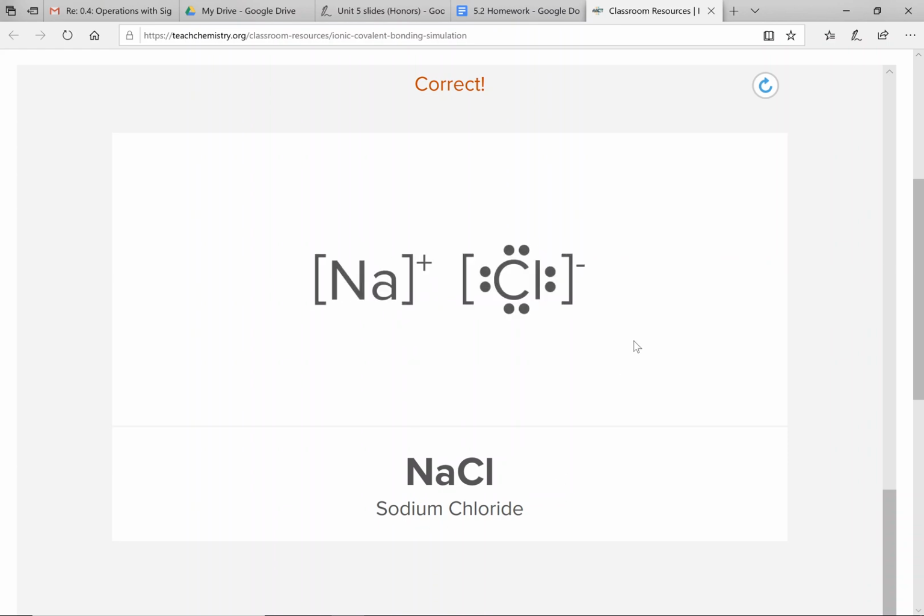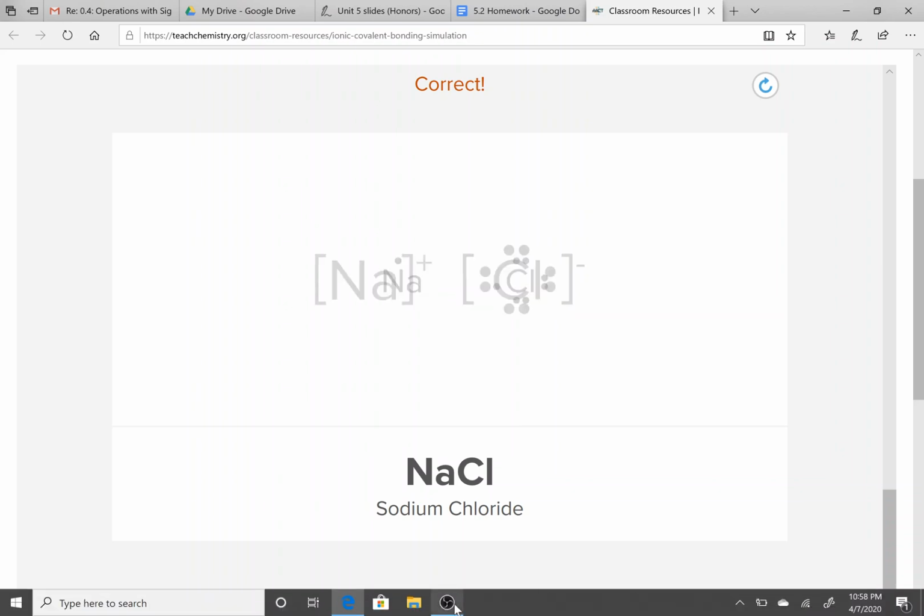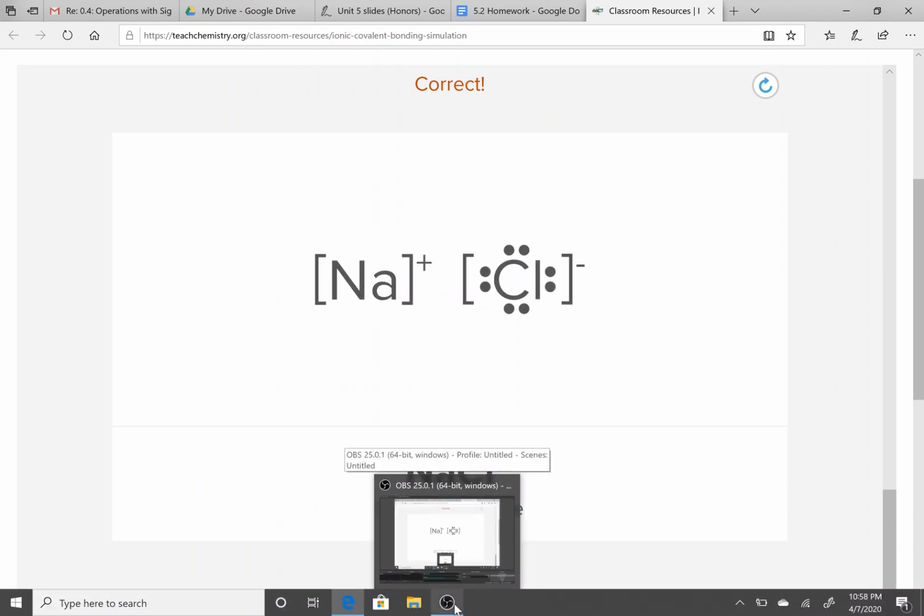So I think this is a helpful tool. If you work through some practice with this, it can help you out a little bit. Unfortunately, it doesn't do transition metals, which are a little bit more challenging, but it gets the base point across, and you can practice later with the other transition metals. All right, that's it for the video, and I hope that you have a great Wednesday.